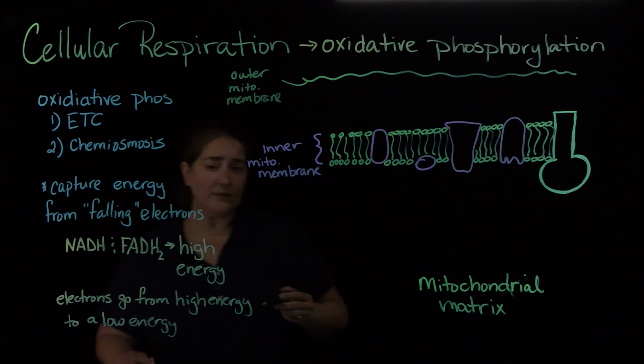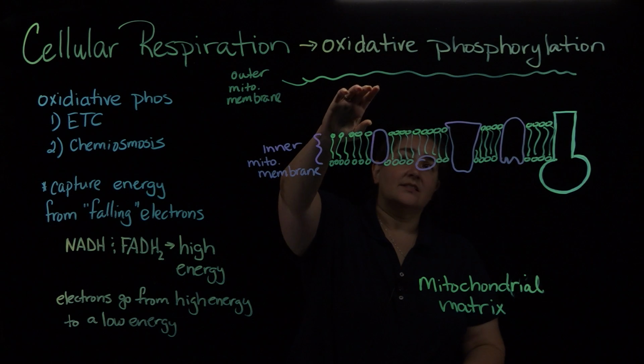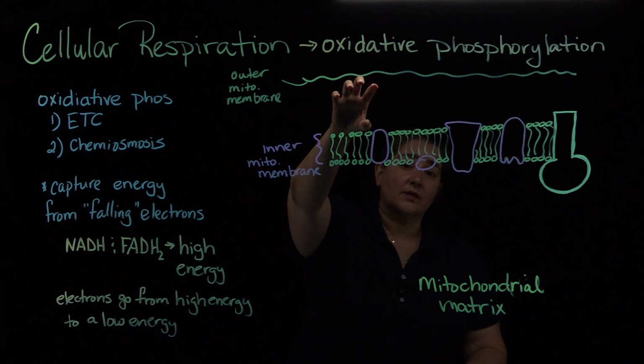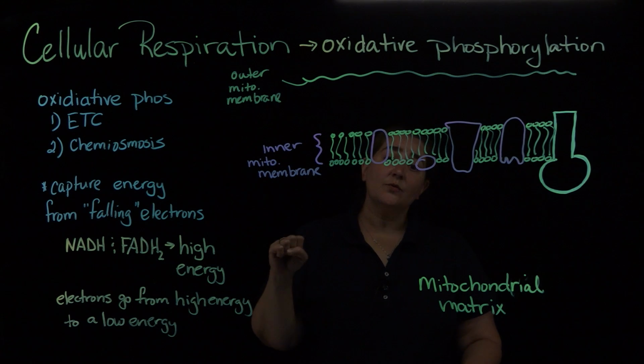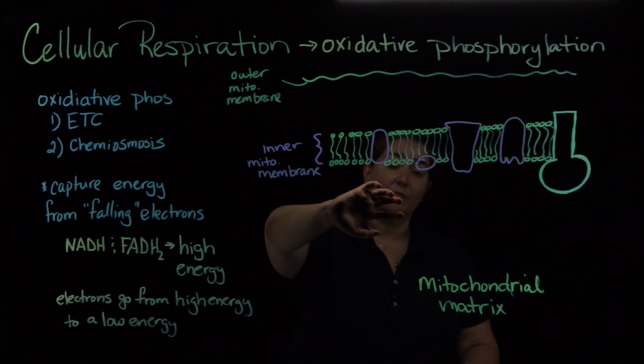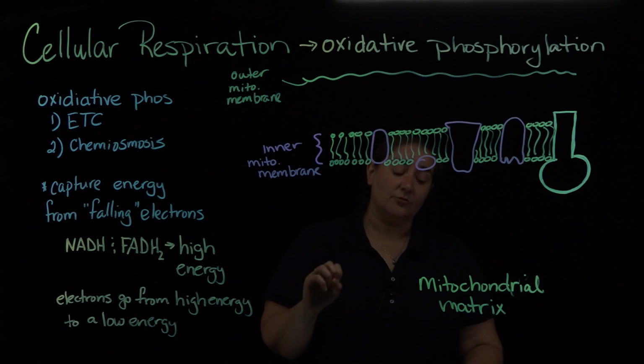We've got a little bit of space here. This is the intermembrane space, and that's going to become important in the process of oxidative phosphorylation. Because we've got different compartments here, we are going to generate a hydrogen gradient.